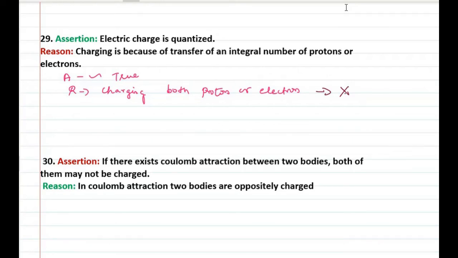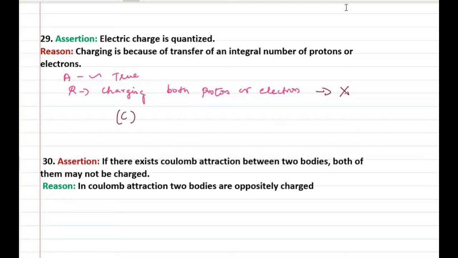So A is true, but R is not a correct explanation of A, and it is a wrong statement, so the option is C.